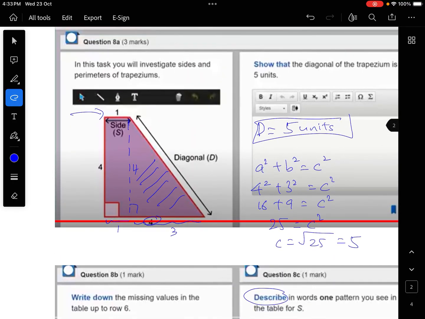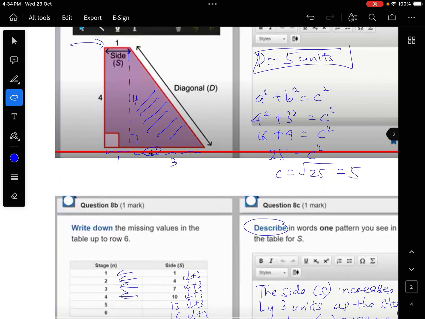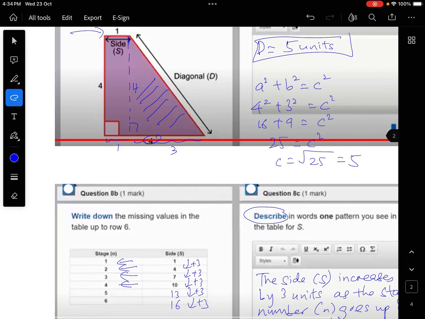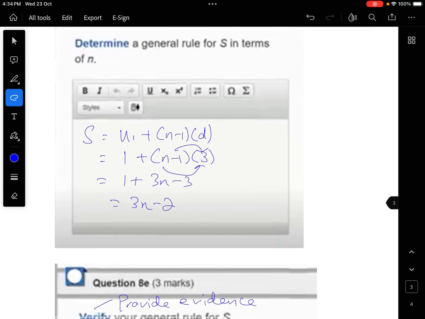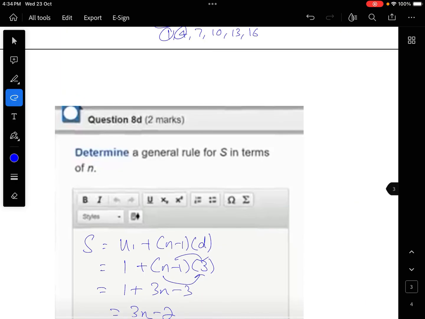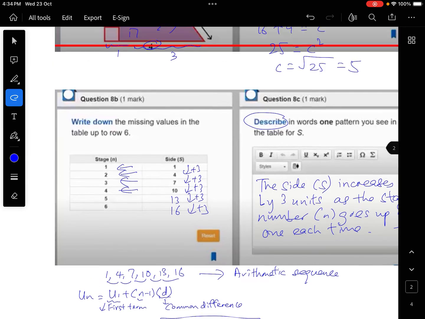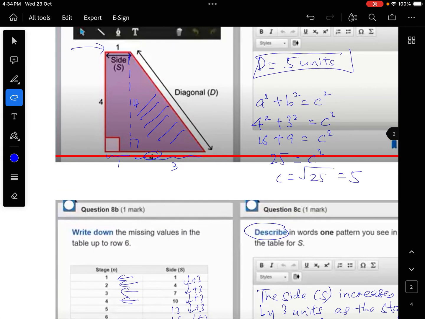So technically, what I like to do is go back to the original diagram, because all they basically said is that the side length would change, but this length is not going to be changed.